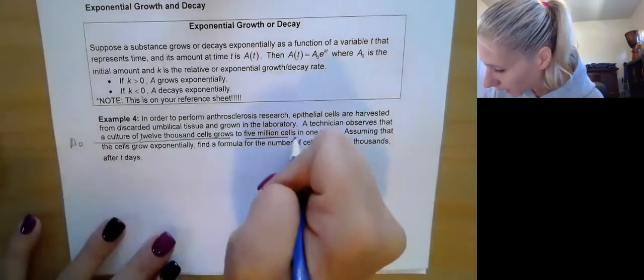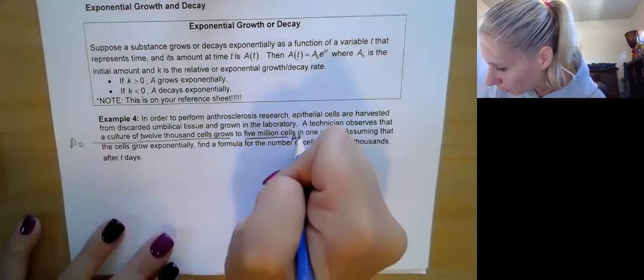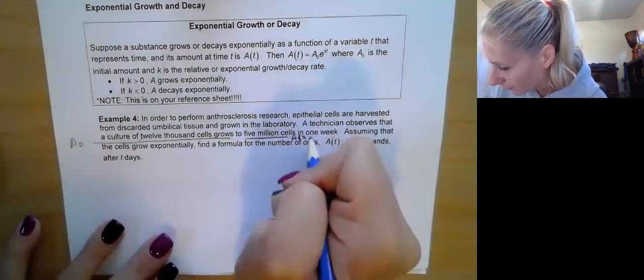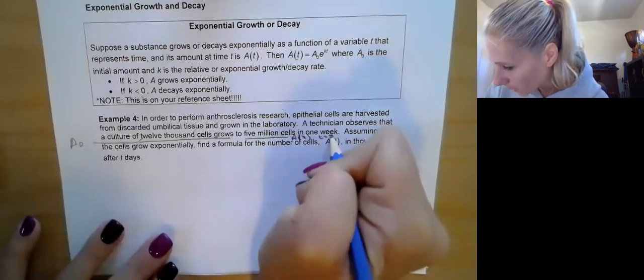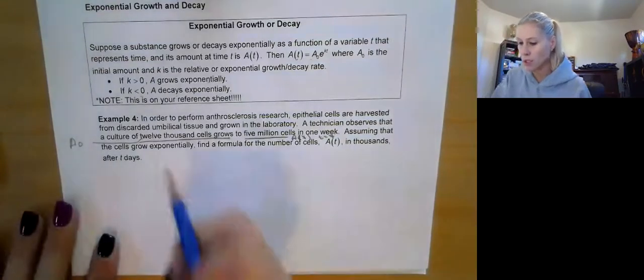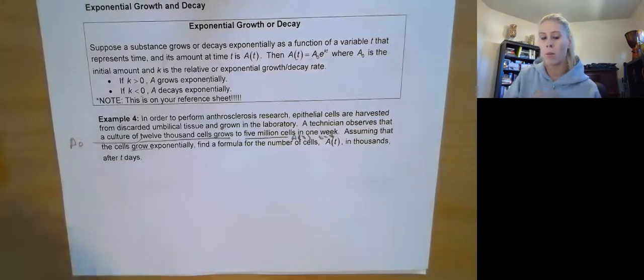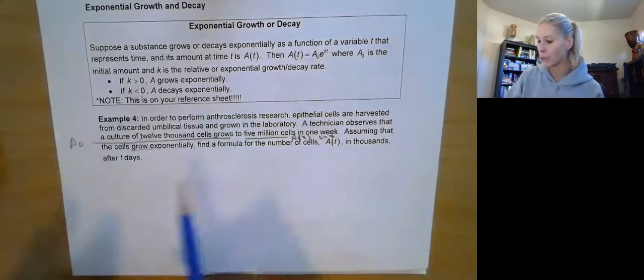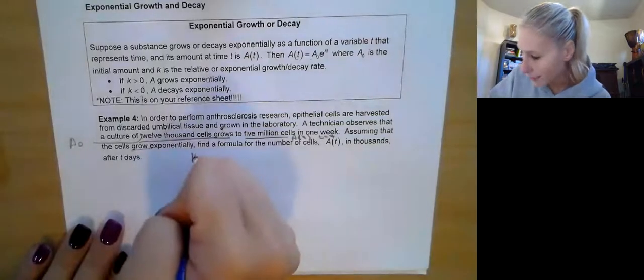Okay, so that is an A of 1 week, which is A of 7. And that means T equals 7. Assuming that the cells grow exponentially, so what that means is it's growing. So I'm hoping that when we find our K, because as you can see from the rest of the sentence, we don't know what our K is.